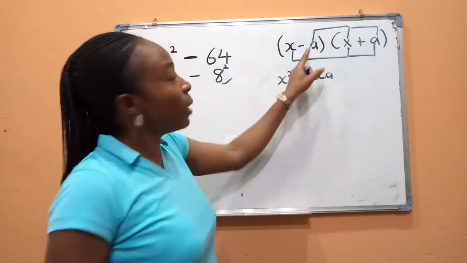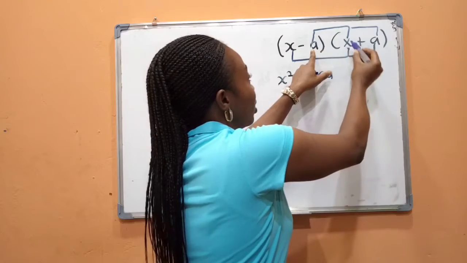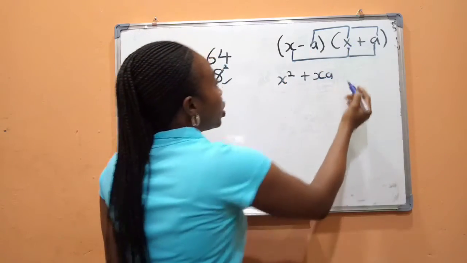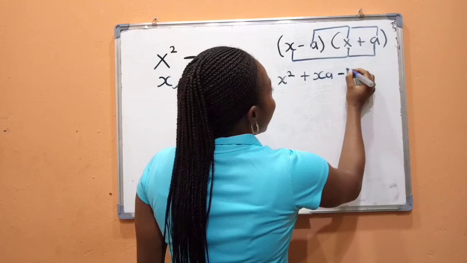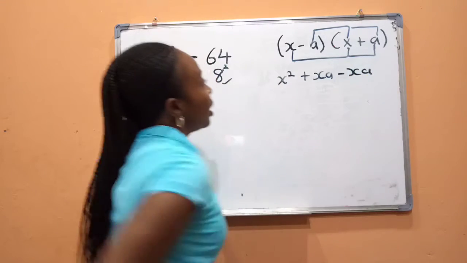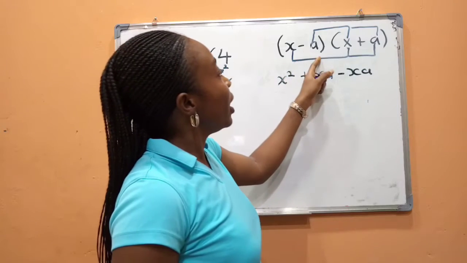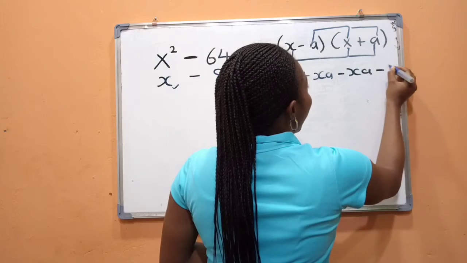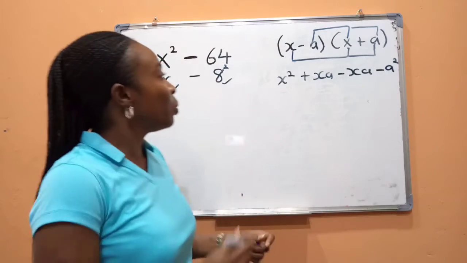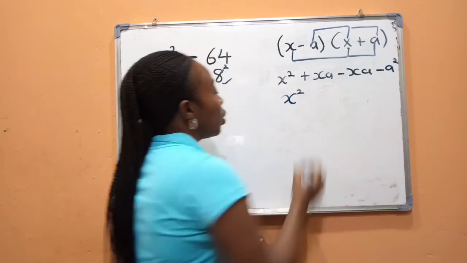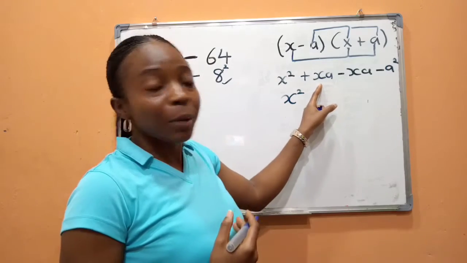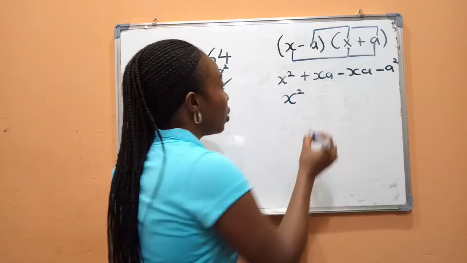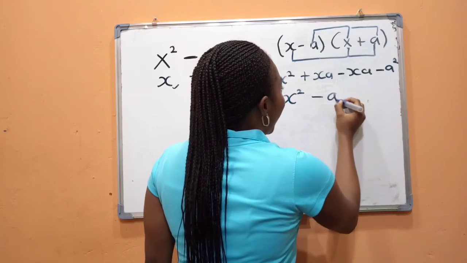Now let's use the minus a to multiply the x and the a. Minus a times x gives us minus xa, and minus a times plus a gives us minus a squared. So we have x squared, and plus xa minus xa gives us 0, so that cancels out and we are left with minus a squared.